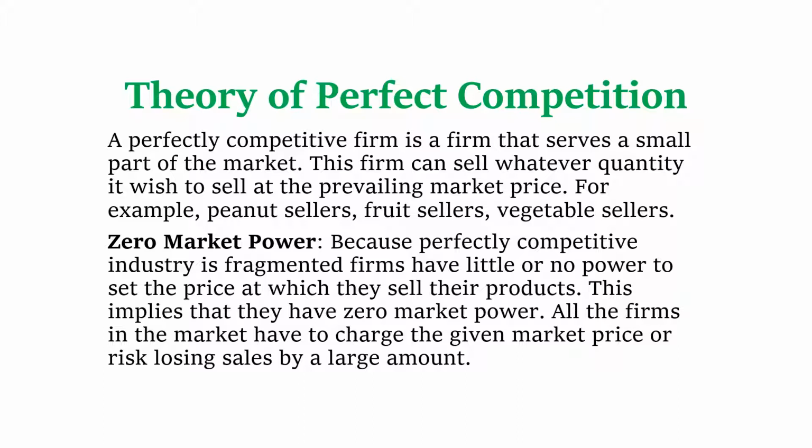This implies that they have zero market power. All the firms in the market have to charge the given market price or risk losing sales by a large amount. So the price at which they sell is the prevailing market price.